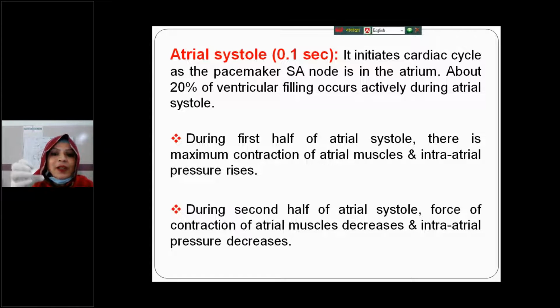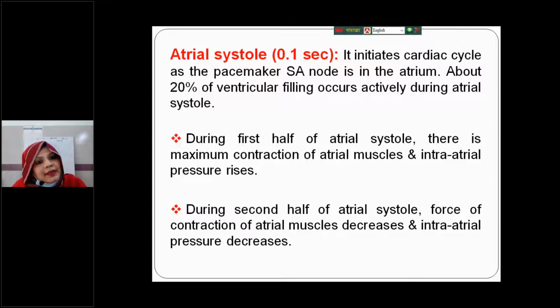Then atrial systole starts. Whenever the heartbeat first starts in fetal life, the right atrium and left atrium are filled with blood. Blood comes from the superior vena cava and inferior vena cava towards the right atrium, which fills up. Then atrial systole starts, that is, the first time the heartbeat is started.